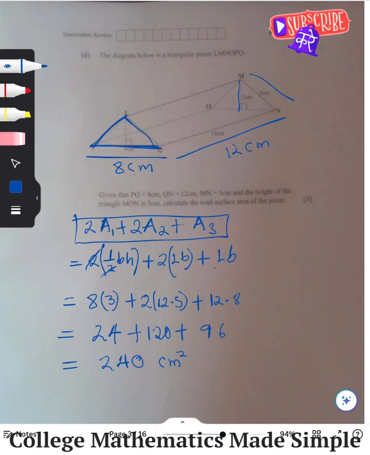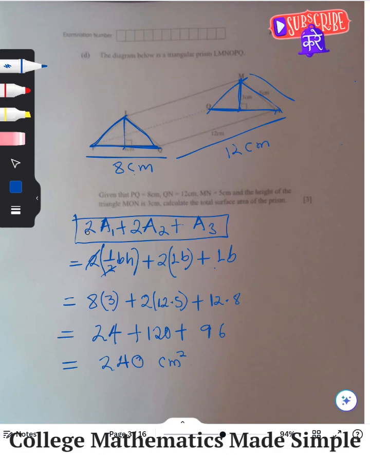This is 8 centimeters, and the length is 8 centimeters. So even this width, this side, is also going to be 8 centimeters. Now, this height is 3 centimeters, meaning that this height is also 3 centimeters. And the slant side is 5 centimeters, and the slant side is 5 centimeters. So in simple terms, this triangle and this triangle are the same.